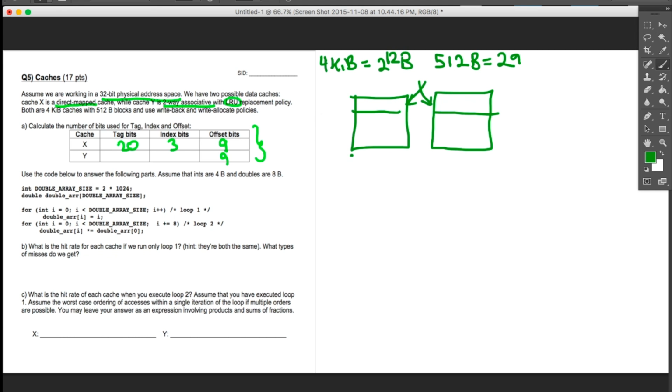So for both of these ways, the block size is going to be 2 to the 9. And we know that the total area of this whole space is 2 to the 12.